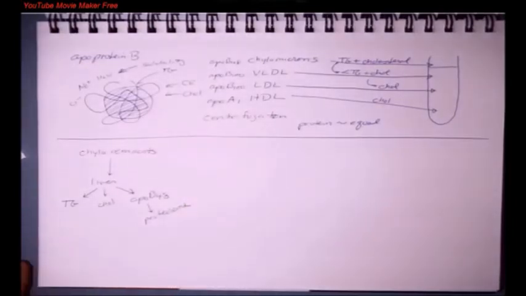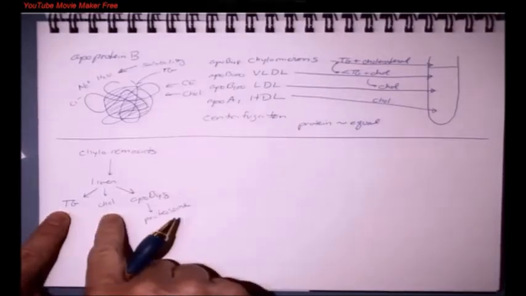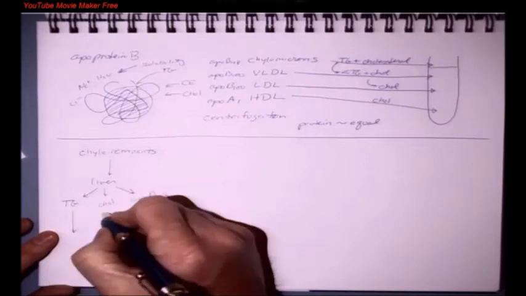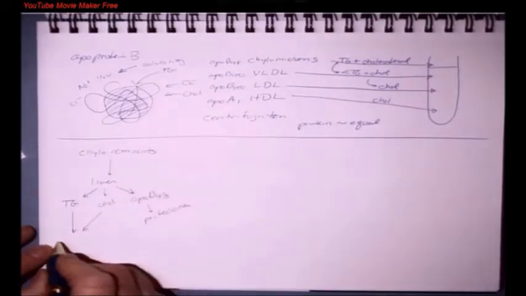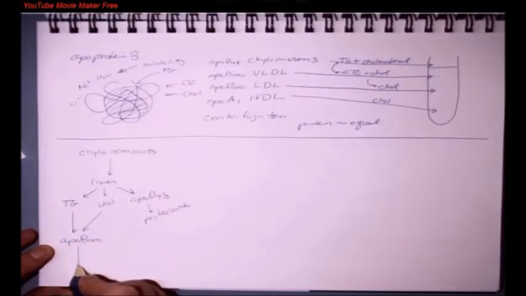The ApoB48 is no longer needed, so it's degraded into amino acids. The triglyceride and cholesterol will be assembled on ApoB100 to form our VLDL particle.